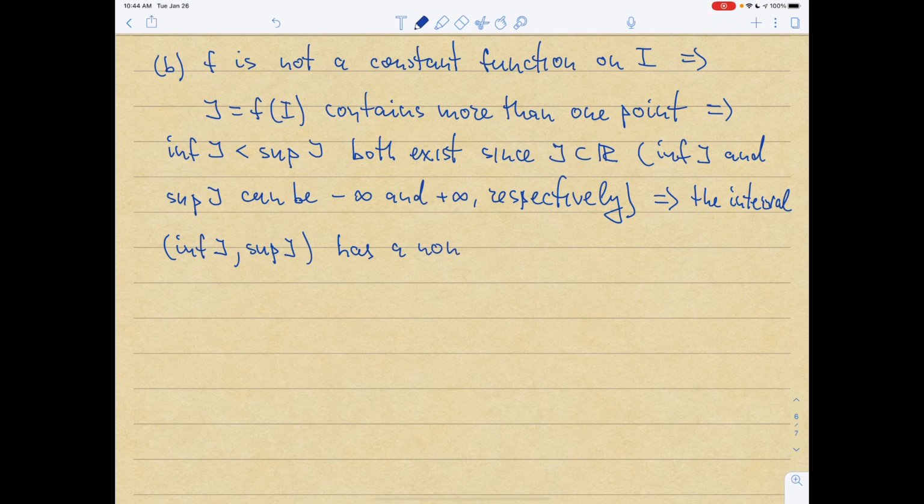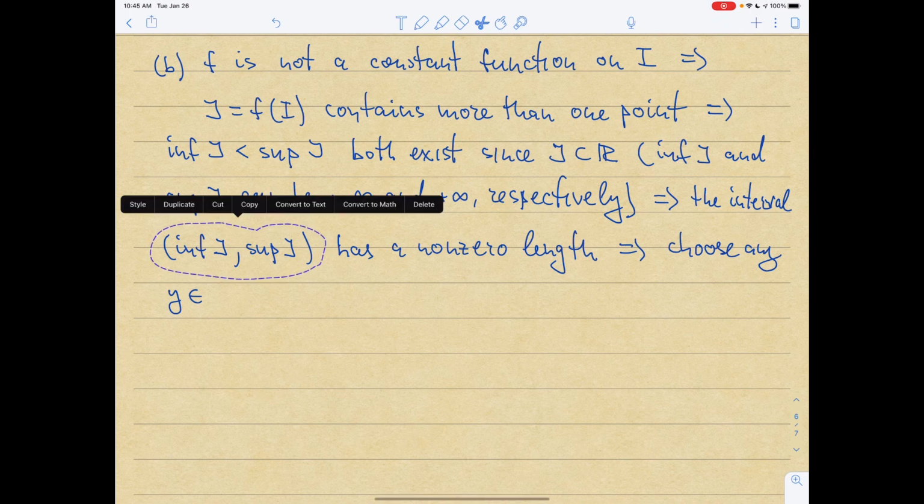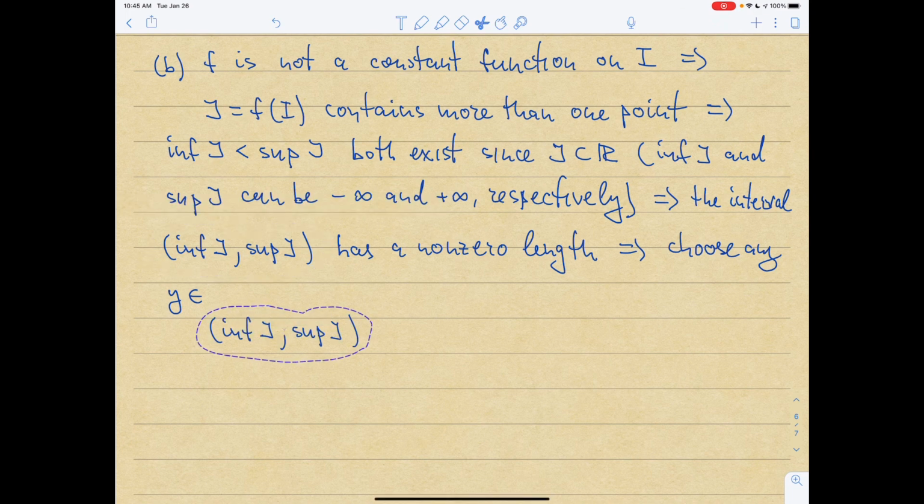So it has a non-zero length. And therefore, I can now choose any y in this interval. All right. And so now my goal is to show that the value of y is going to be achieved.